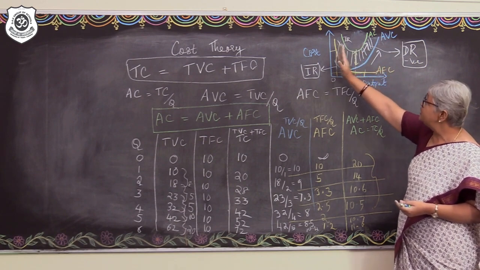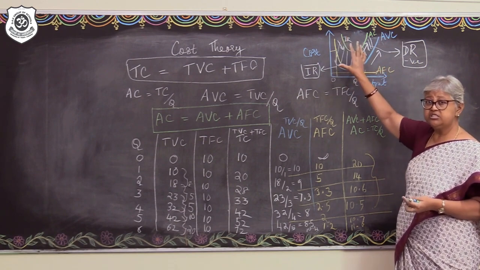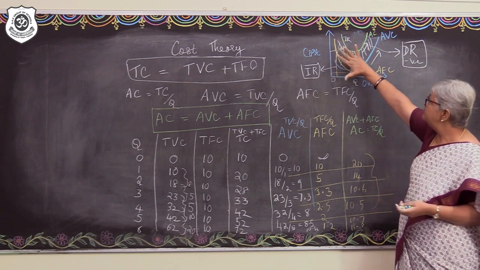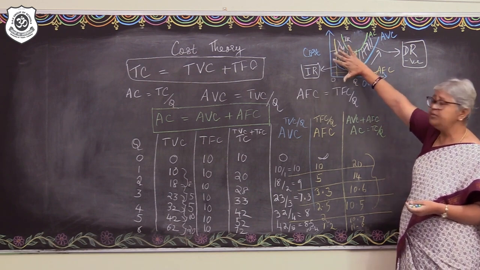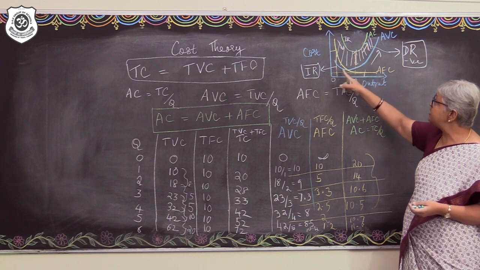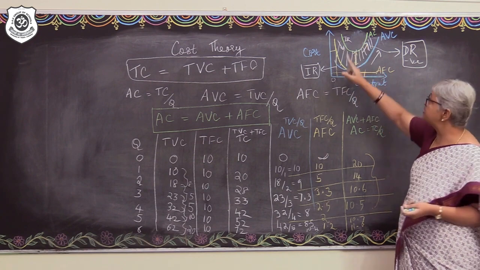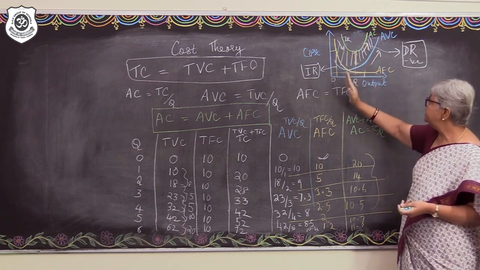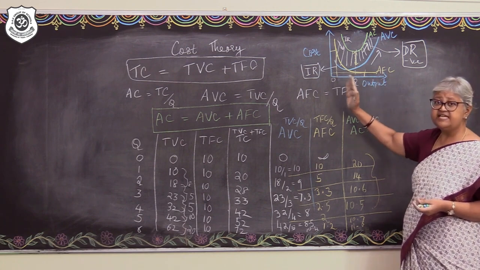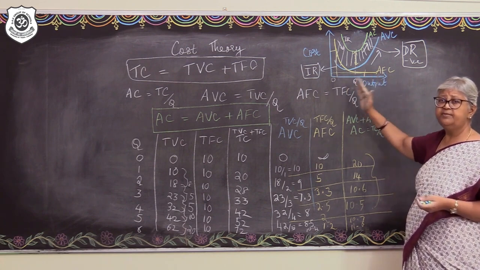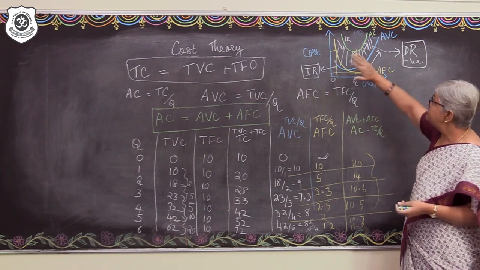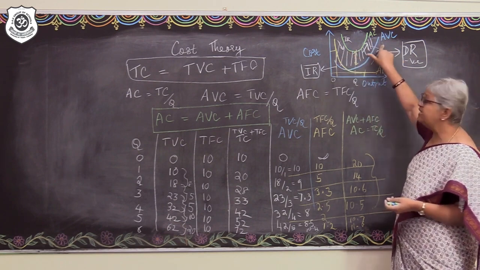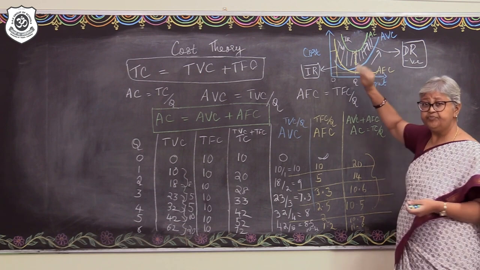Fine. On the left, while both the costs are falling, the vertical distance between the average cost curve and the average variable cost curve is much wider. But as the output increases, even as more and more output is produced, fine, the distance between the AC and the AVC is going to shrink. Right?